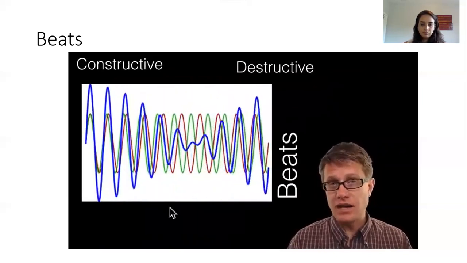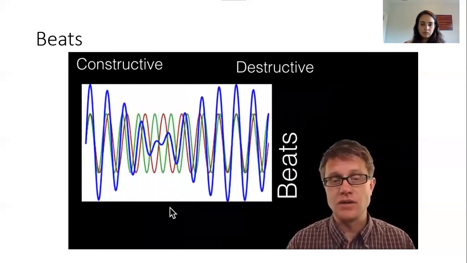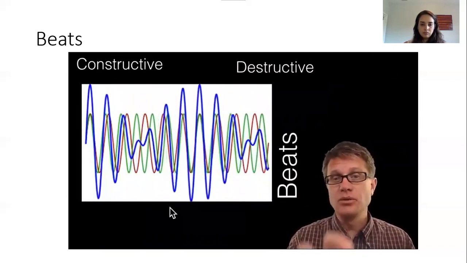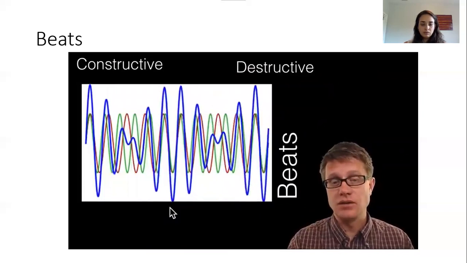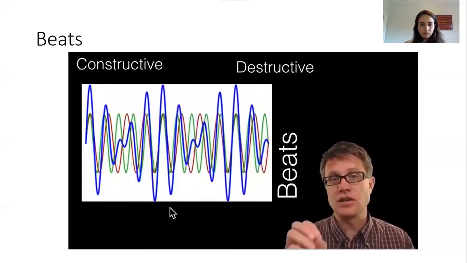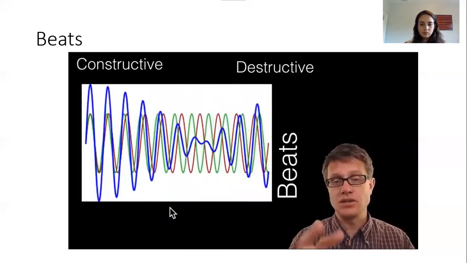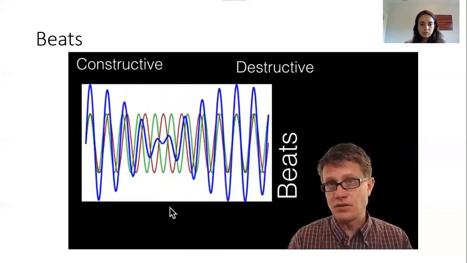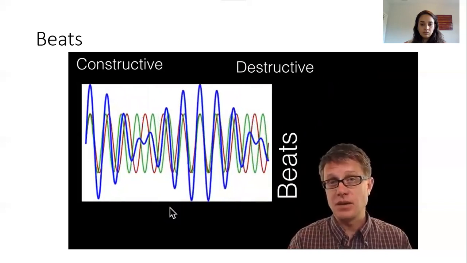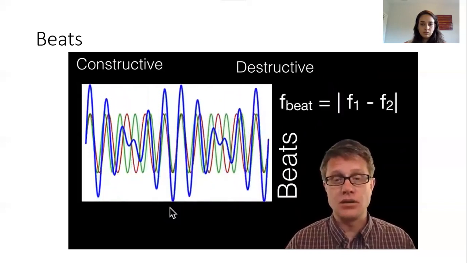As you have this constructive and destructive interference, you get the blue summation of those two waves, and you can see these changes in the amplitude. In other words, the amplitude is decreasing, then increasing, and then decreasing. If I could make those frequencies exactly the same, then the beats are simply going to go away.